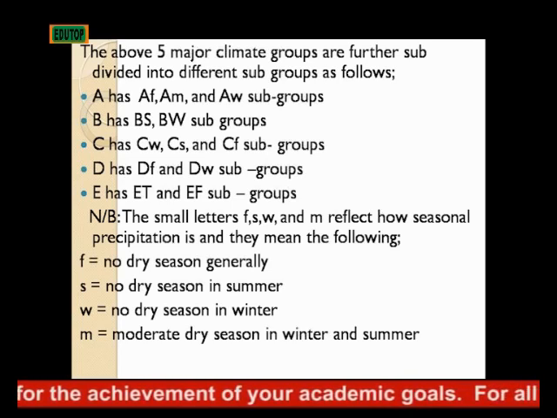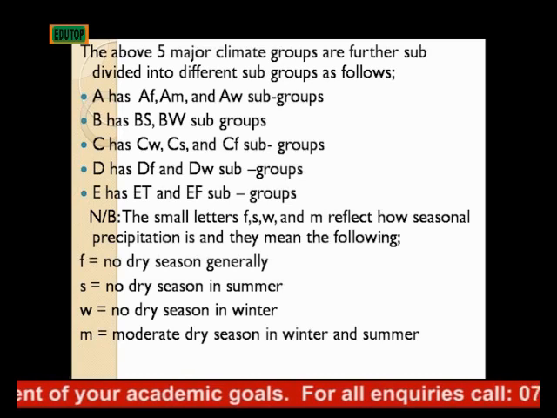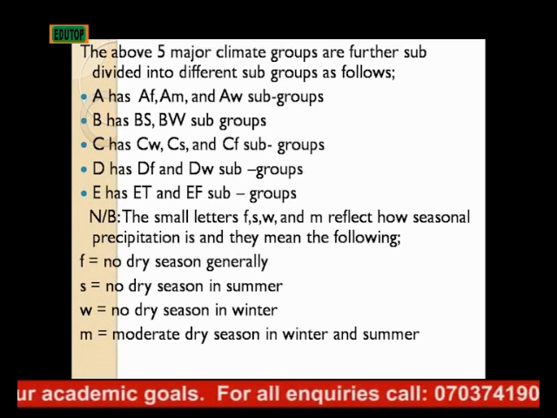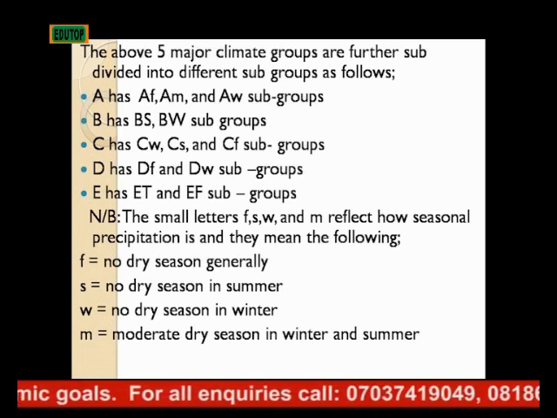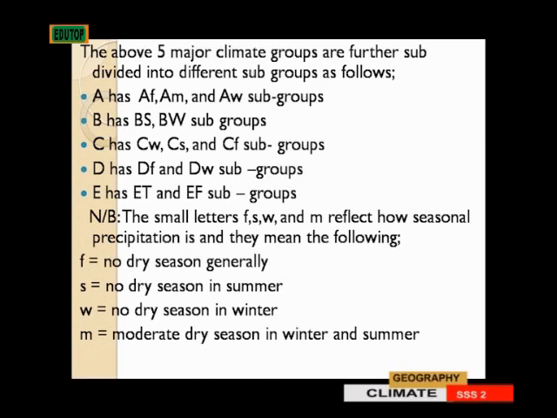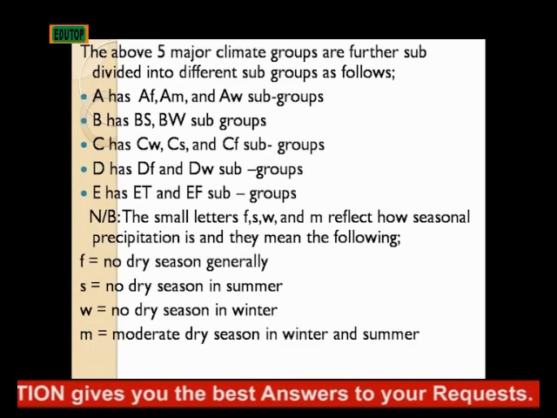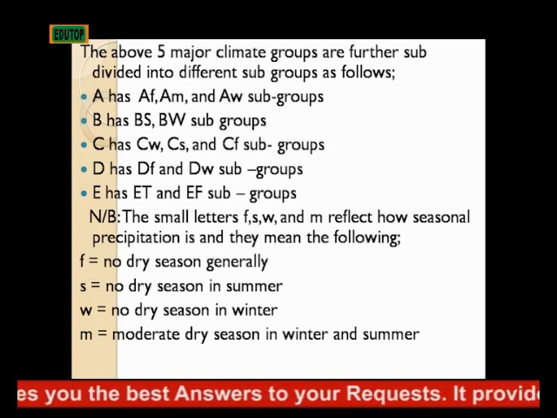F represents no dry season generally, whereas S represents no dry season in summer, and W represents no dry season in winter, and M represents moderate dry seasons in winter and in summer.